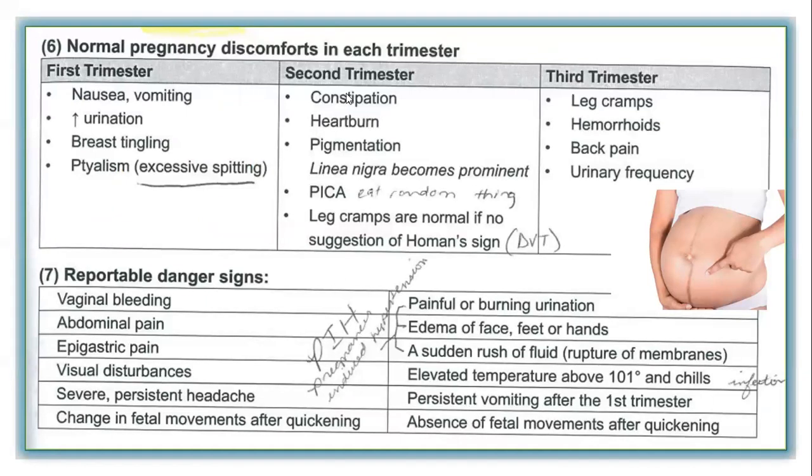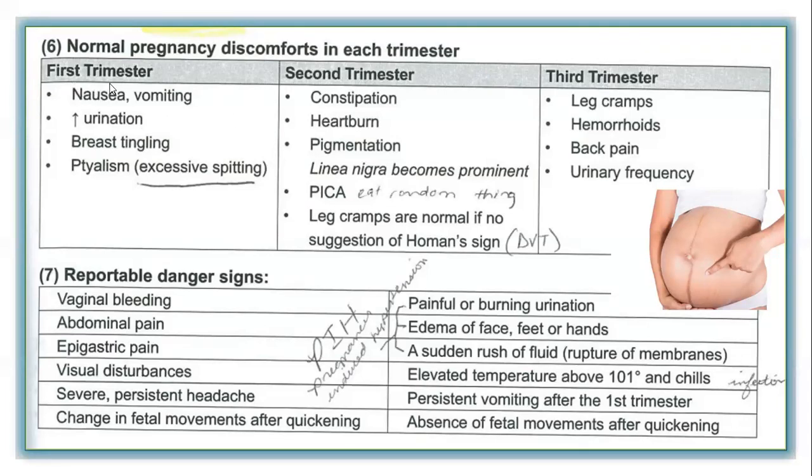Here in a table we can see the normal pregnancy discomforts in each trimester. So this is the list of discomforts, but they are normal. Every healthcare provider must know they are normal, and you educate the patient that it is normal.